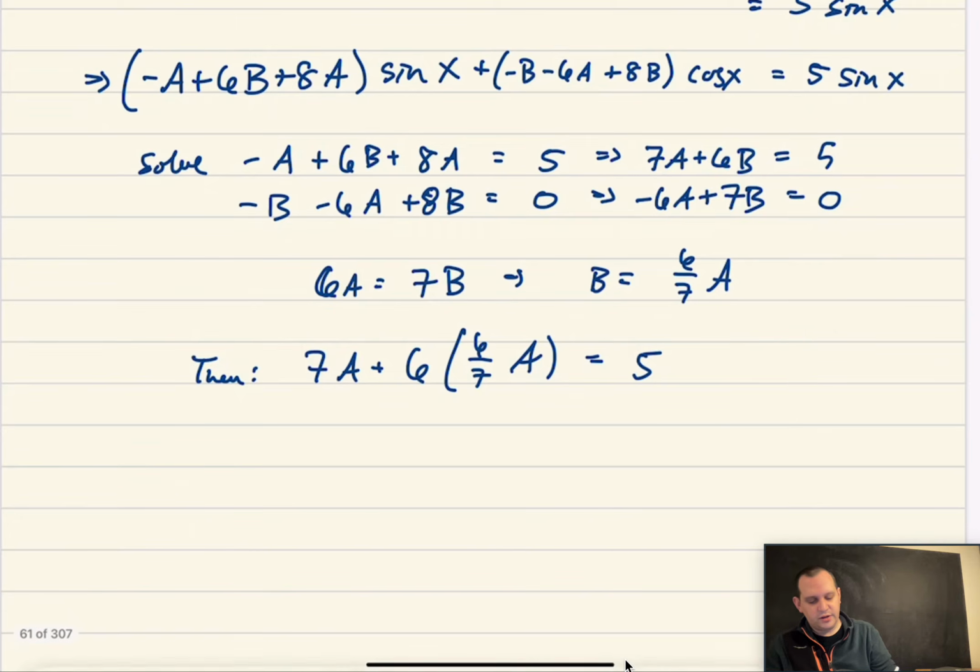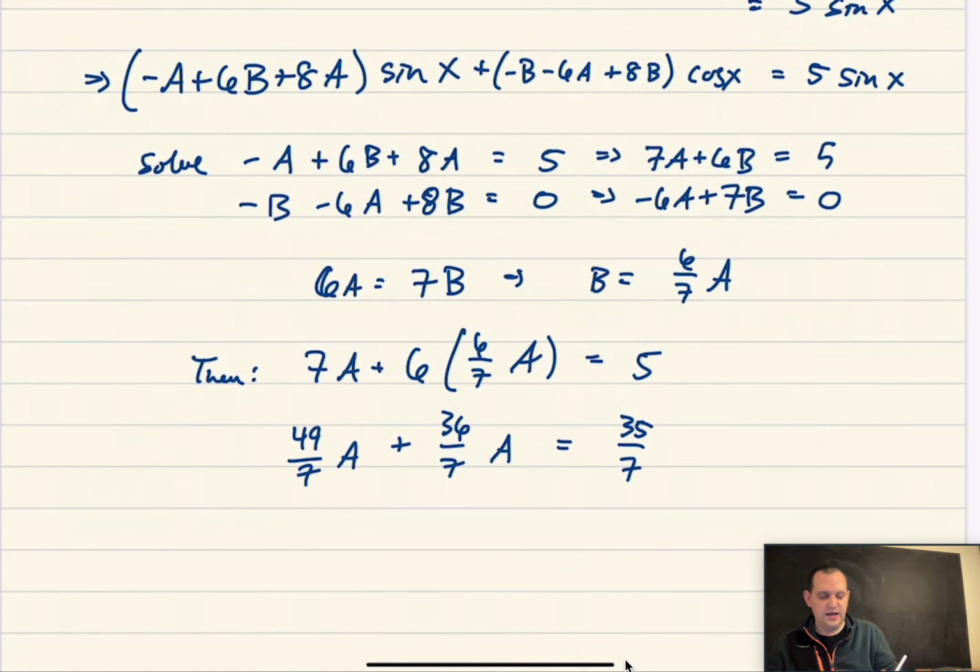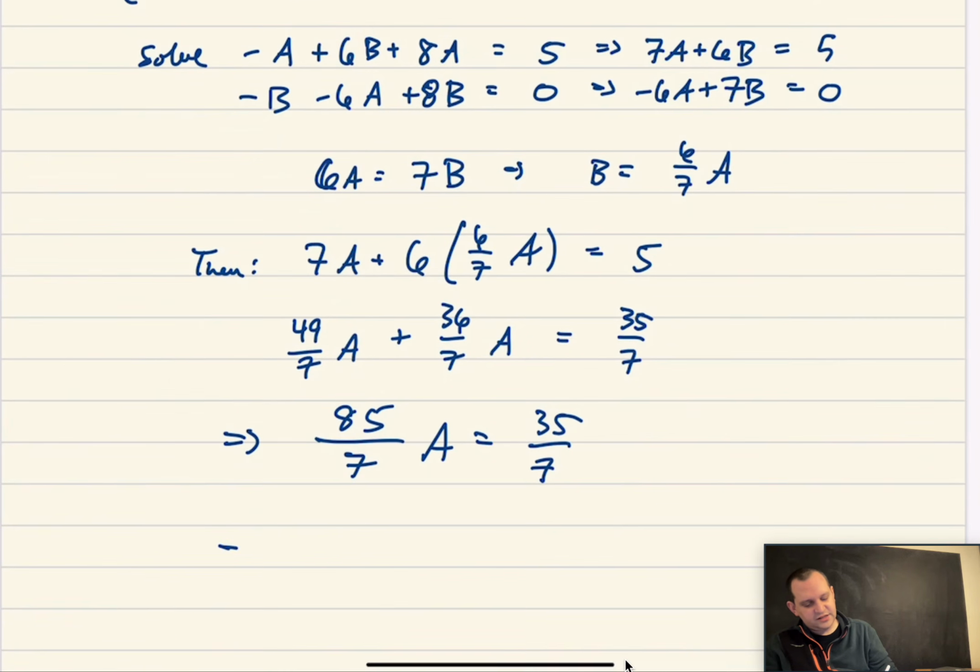So now we're going to end up with 49/7 plus 36/7 a equals 35/7, just to put everything in terms of sevenths. And then 49 plus 36 is a number that I really have to think about. 50 plus 35, so 85. So this tells us that a is going to be 35 over 85, and then we can factor out a 5 from each of these, so this will be 7 over 17.